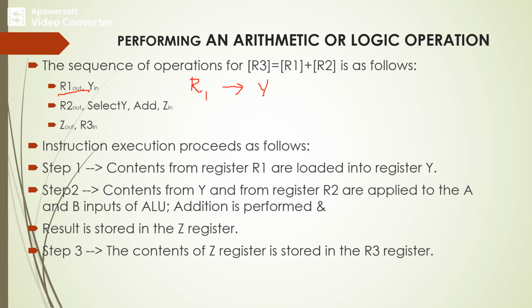Now R2 out, select Y, add, Z in. The contents of Y and of the processor register R2 are applied to the A and B inputs of the ALU, the addition is performed, and the result is stored in the register Z in.